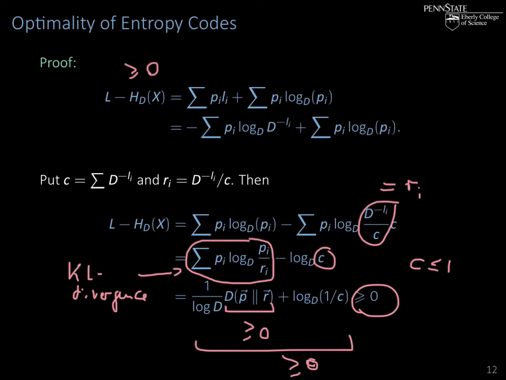So this finishes our proof, and we have indeed shown now that the d-entropy of our random variable is in fact the lower bound, so the optimal code length that we can achieve in a prefix code for our random variable X.